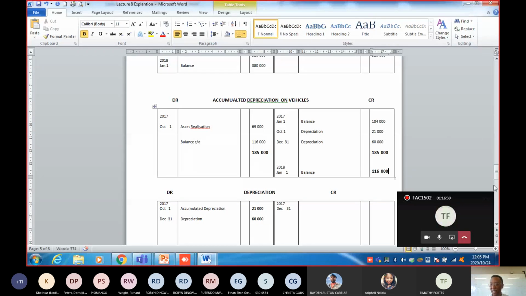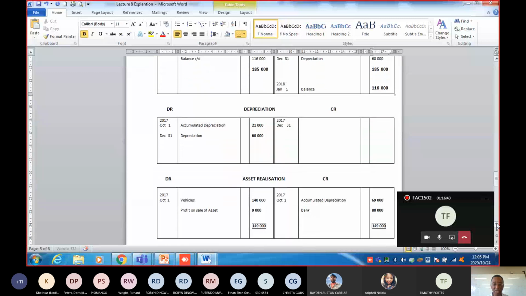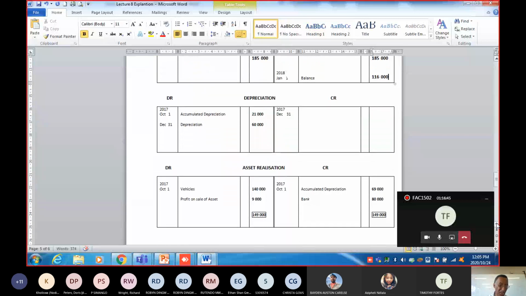Right. My next account is my depreciation account. Remember, depreciation account is a nominal account. It doesn't have a balance at the end of the year. We had a question from a student earlier, which was, I think it was Charlotte.